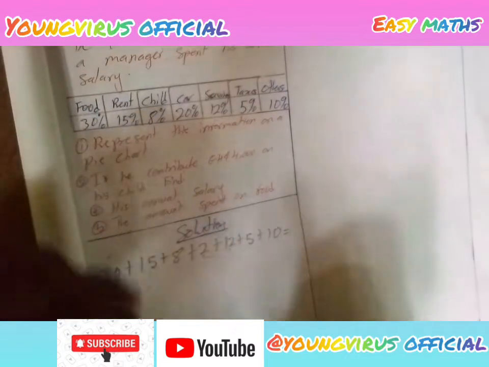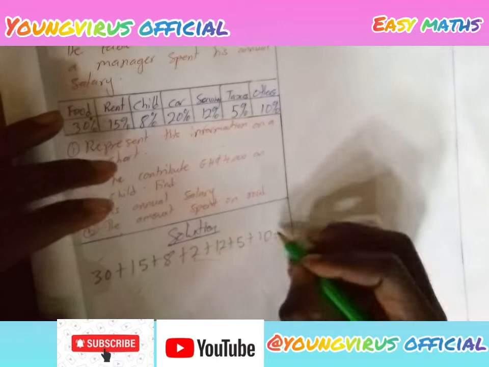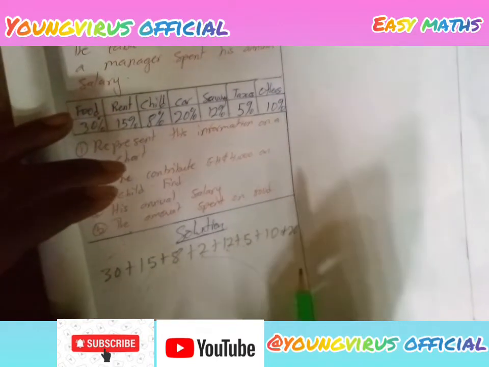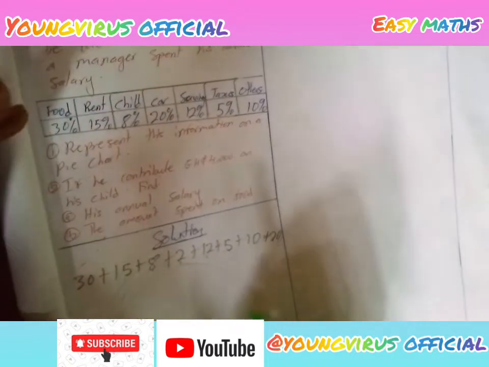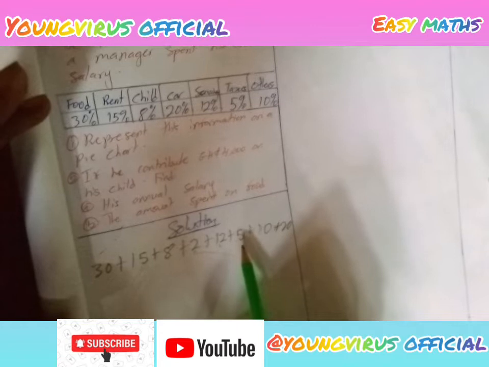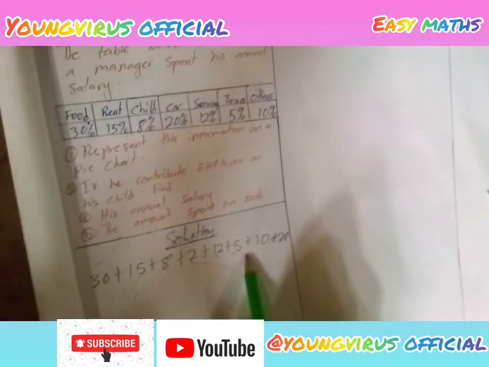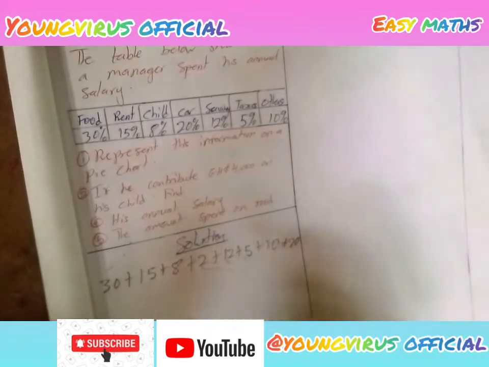Okay, so I left the 20 out. So 55 plus 5 is giving us what? 70. So 70 plus 10 is 80. 80 plus 20 is giving us 100. That means yes, of course.